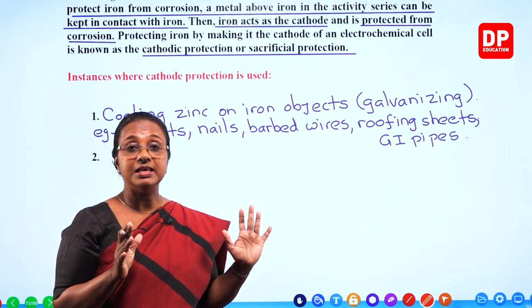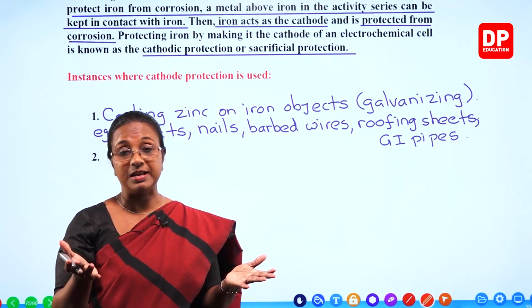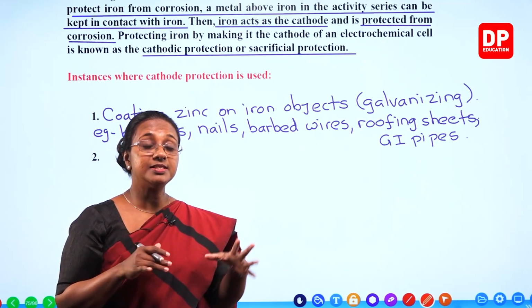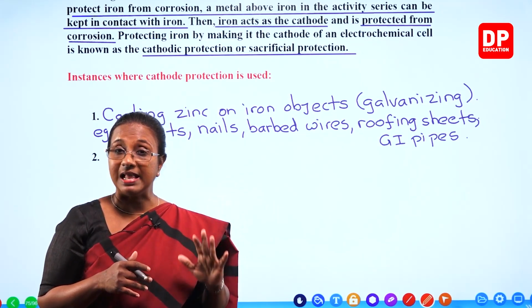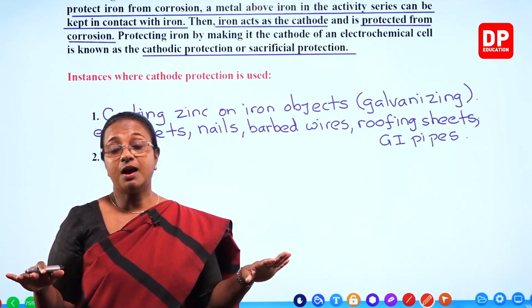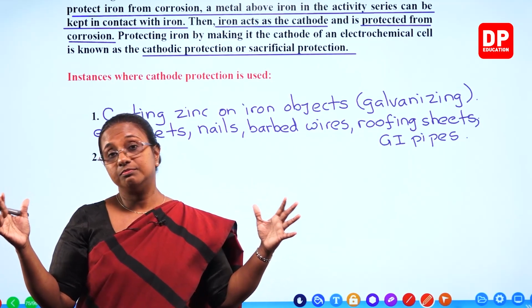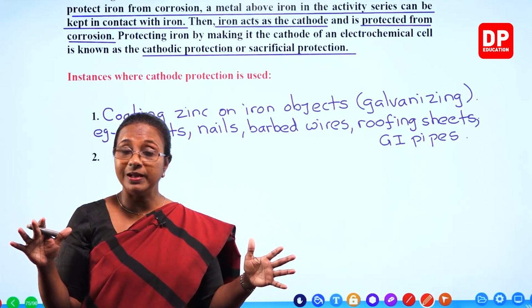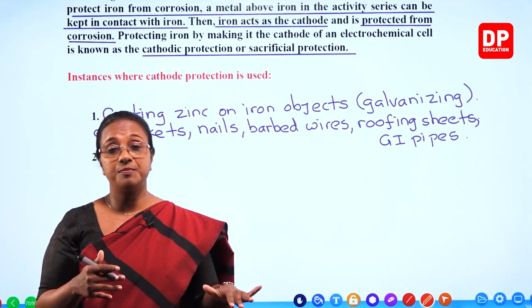Now in all these, there is a coating of zinc over the iron metal. How they do this is, they heat zinc to a very high temperature so that zinc will melt and become liquid, and there will be a container or a tank with zinc liquid in it. Into that, they submerge the iron object.